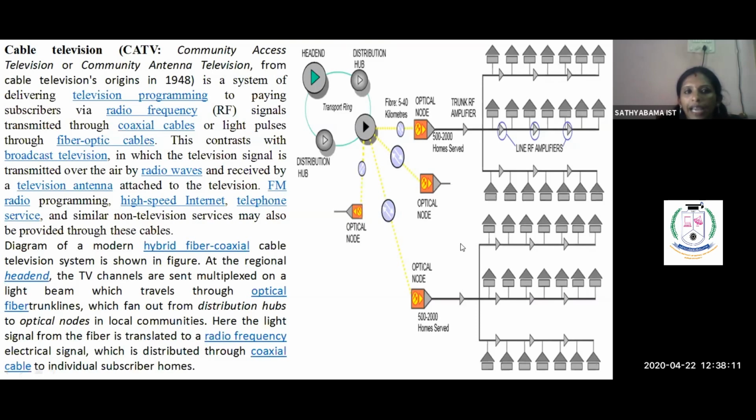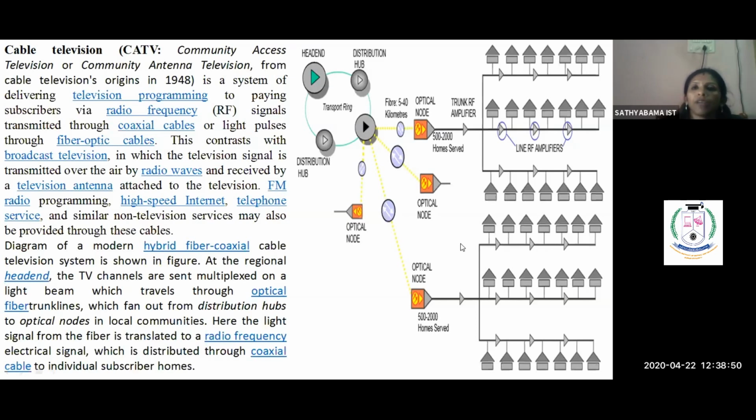FM radio programming, high speed internet, telephone services, and similar non-television services may also be provided over the cables. Here we have the diagram for a modern hybrid fiber coaxial system in the slide. At the regional head end the TV channels are multiplexed on a light beam which travels through the optical fiber trunk lines, which fan out through the distribution hubs.